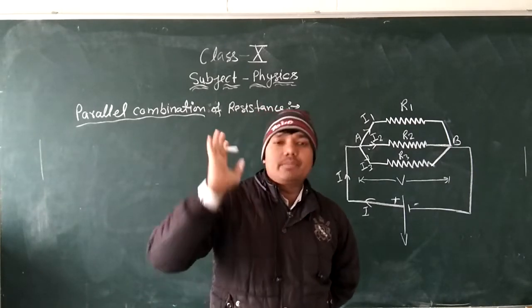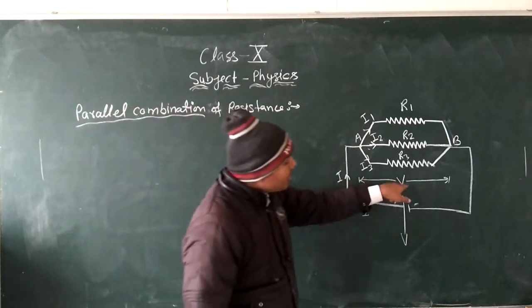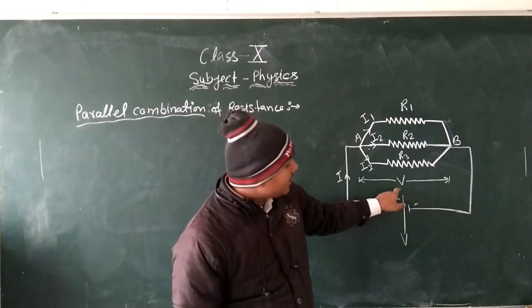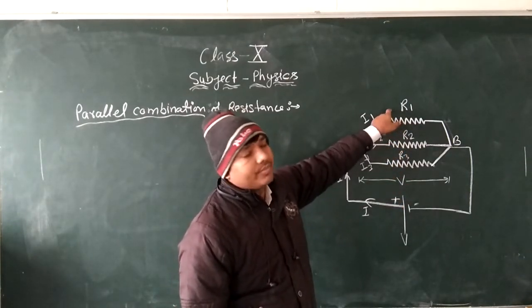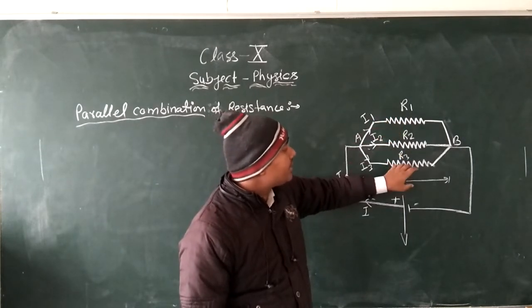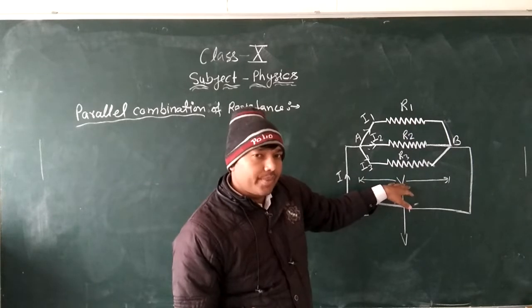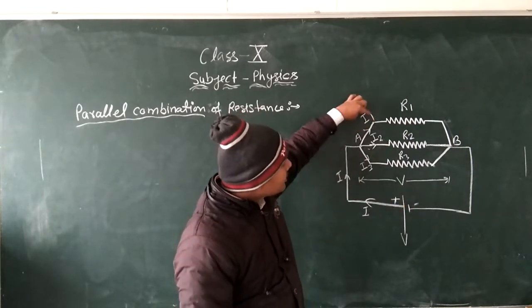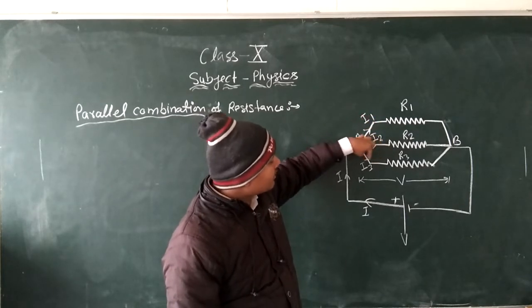But in parallel combination, the potential difference V across R1, R2 and R3 is the same, but the current through R1 is I1, through R2 is I2, through R3 is I3.